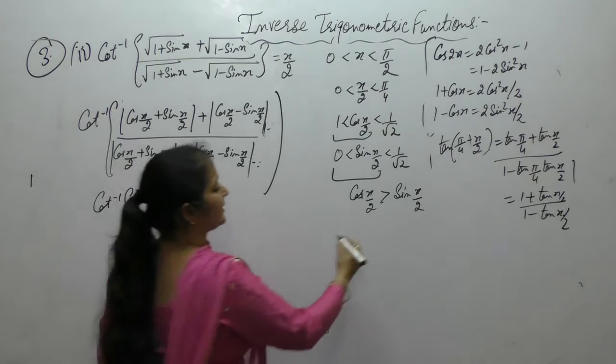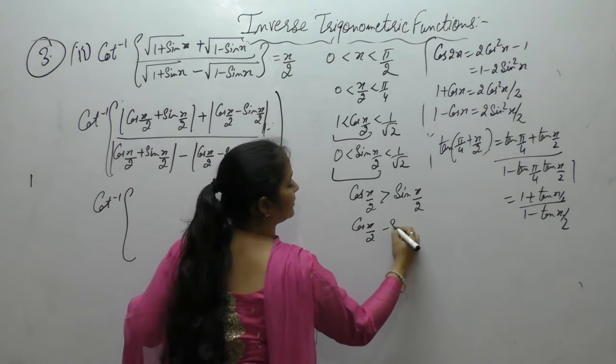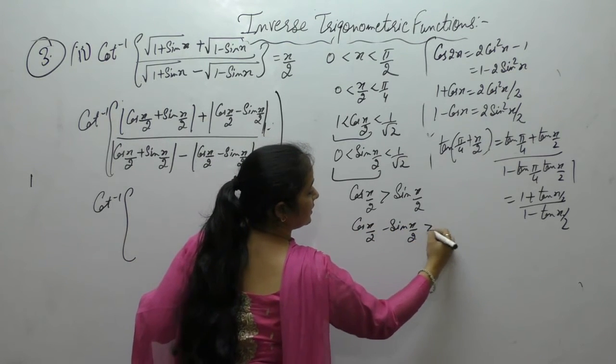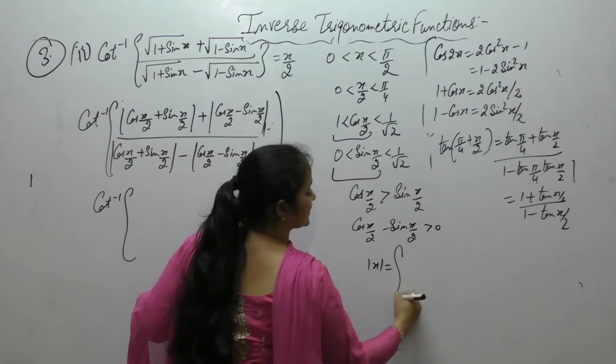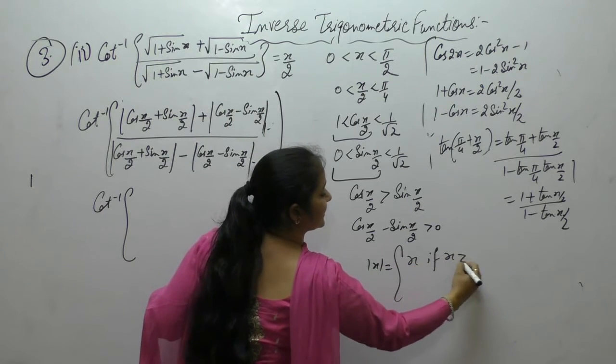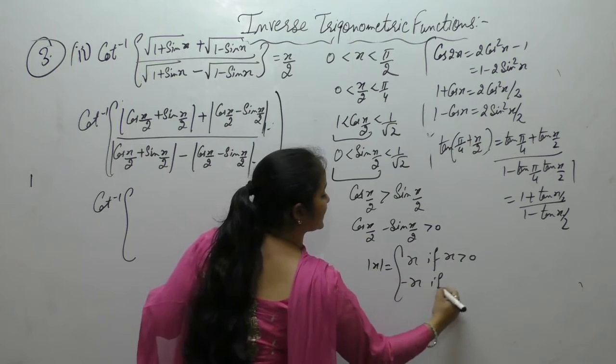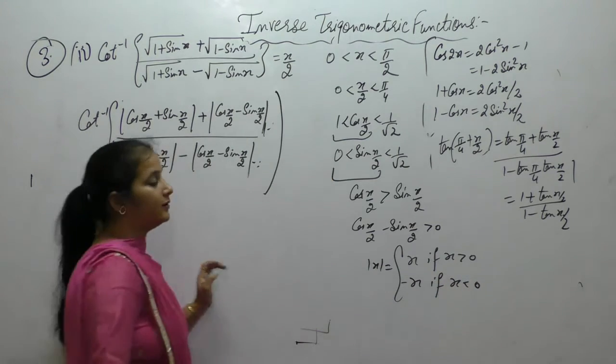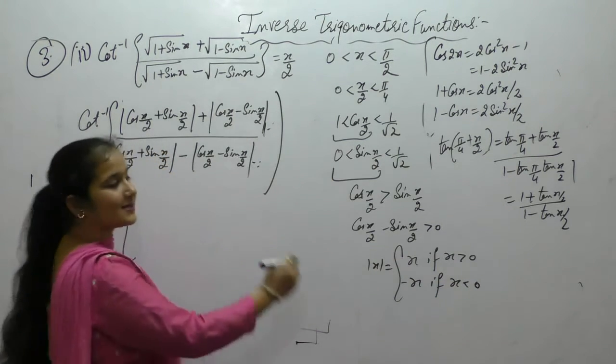If the value is greater than 0, we know modulus of x is equal to x if x is greater than 0 and minus x if x is less than 0. So we will use this. X is greater than 0.